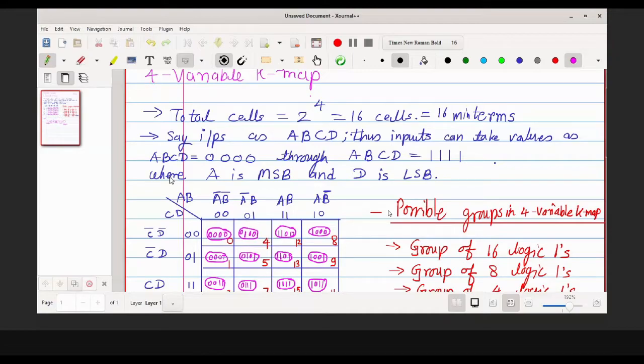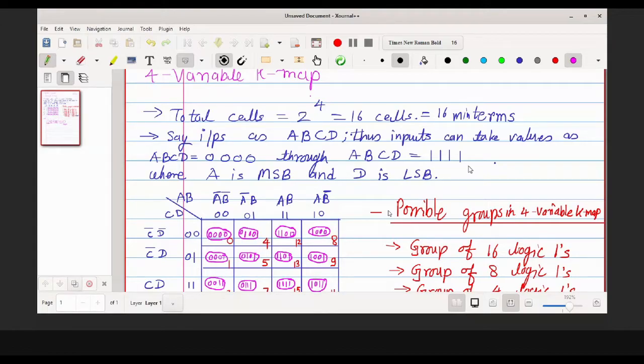The input values of ABCD vary from 0000, which is 0 in decimal, to 1111, which is 15 in decimal. There are a total of 16 values because 0 is also included.